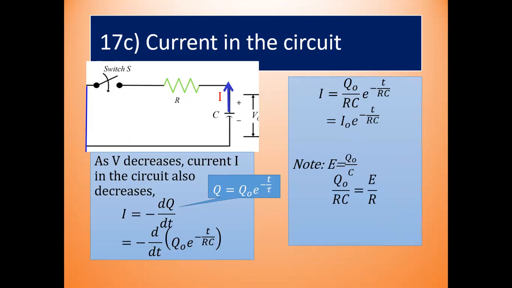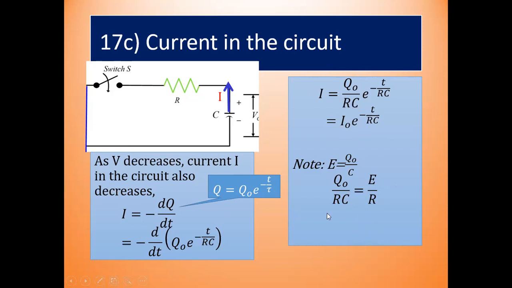Q naught over RC, and then I wanted to ask, that means you substitute E equals to RC? Yeah. E equals Q naught over C. And then Q naught over C is E. That's how we get our E over R. You just times 1 over R. E over R is I naught. That's all.